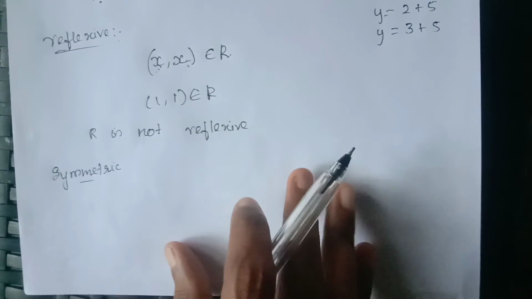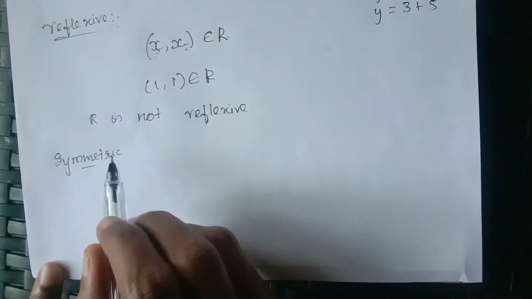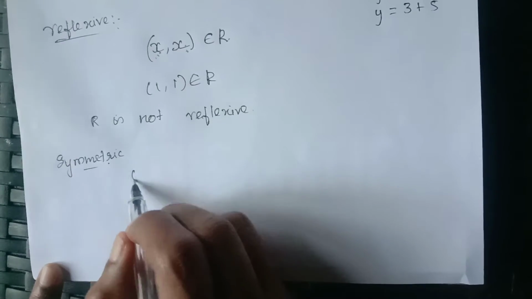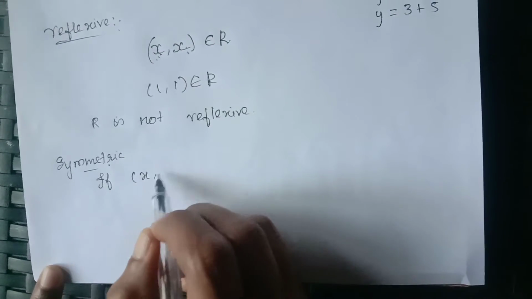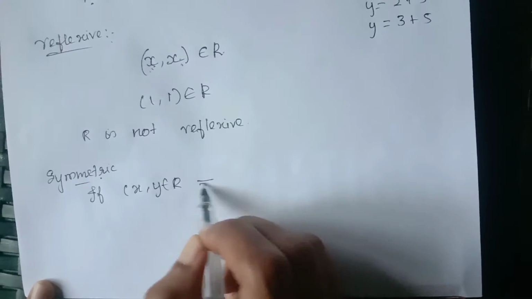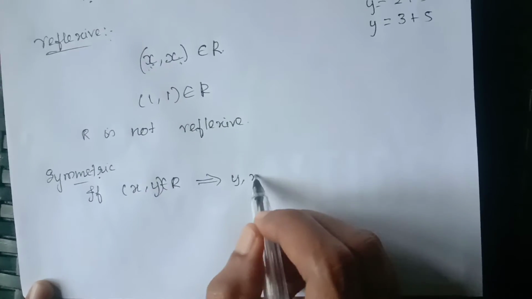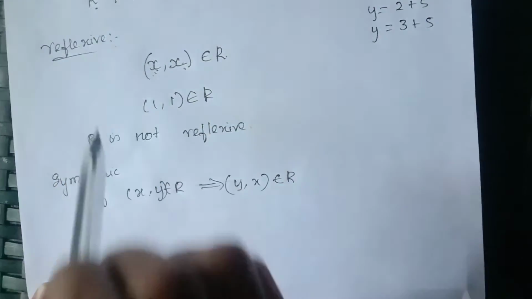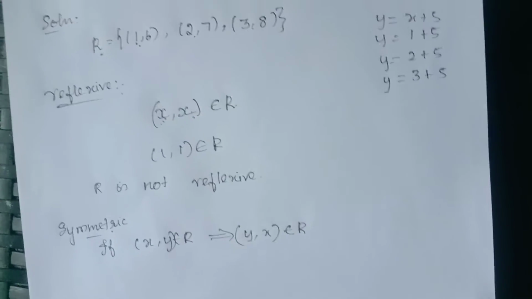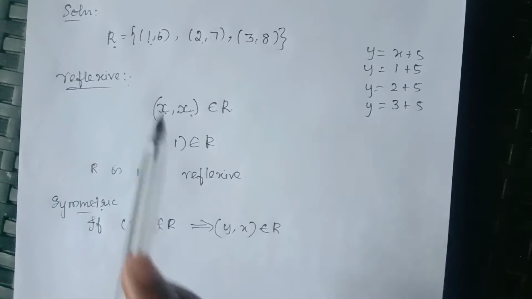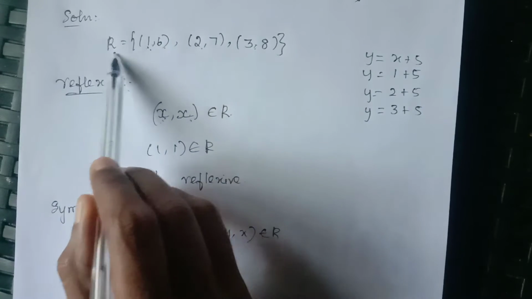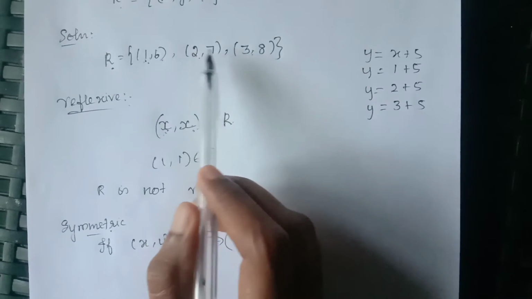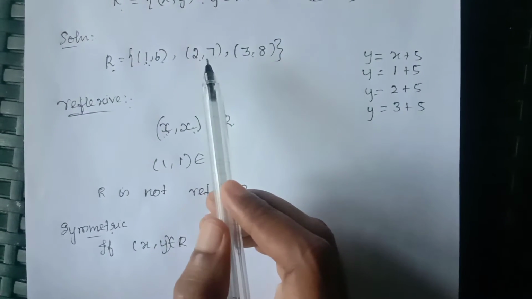Symmetric means if (x, y) belongs to R, then (y, x) also belongs to R. For example, in R, (1, 6) belongs to R, but (6, 1) does not belong to R. Same, (2, 7) belongs to R, but (7, 2) does not.